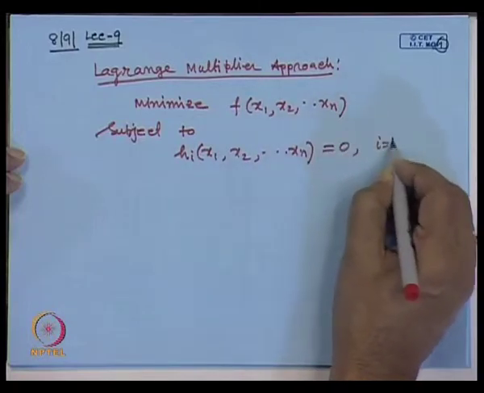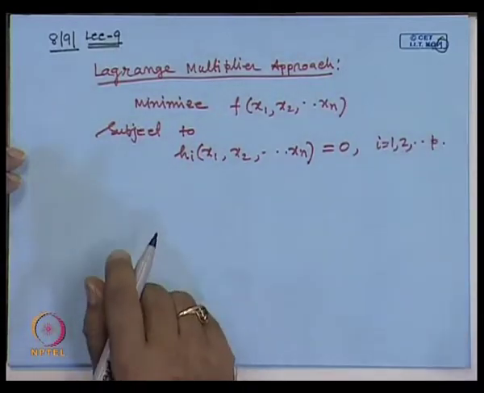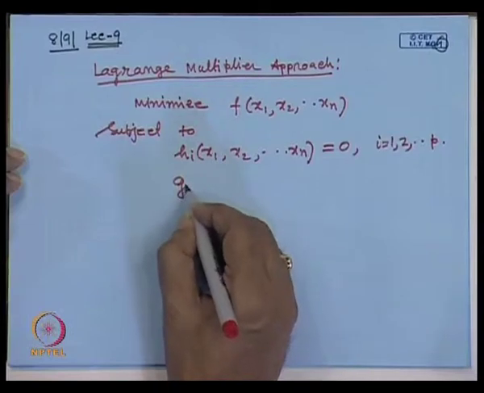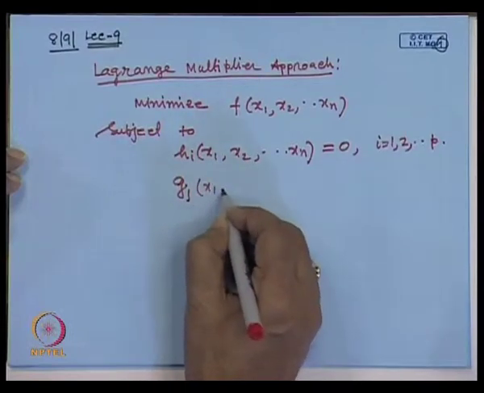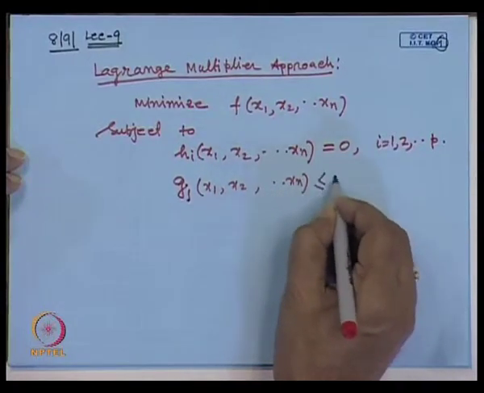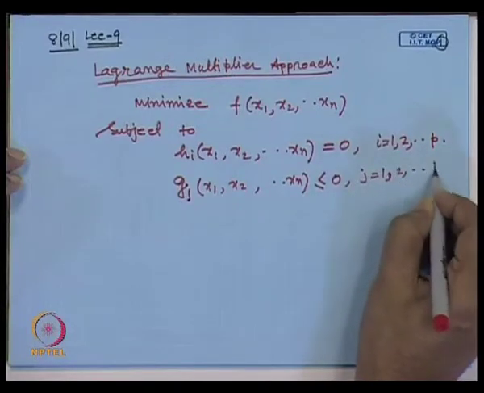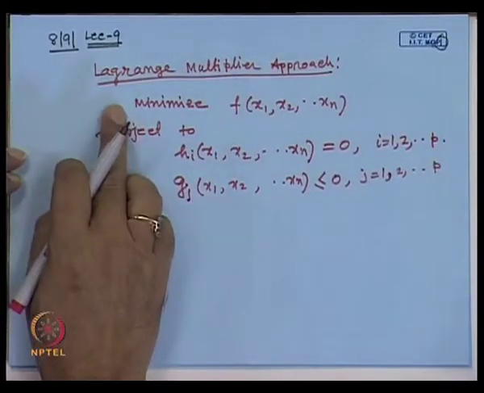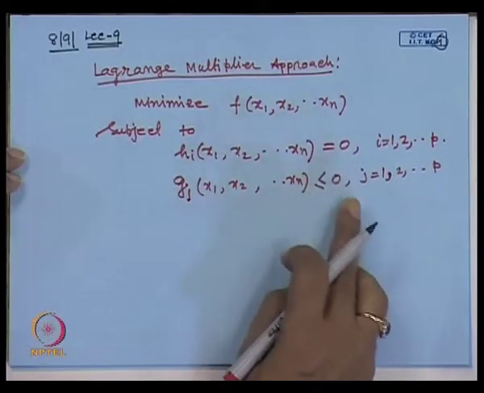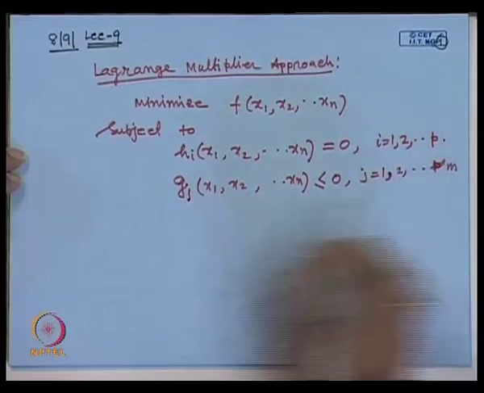How many equality constraints are there? There are p equality constraints, and inequality constraints g j, which is a function of x 1, x 2, up to x n, less than or equal to 0 for j equal to 1, 2, up to m. So, our problem is to minimize this function subject to this type of equality and inequality constraints. This is m, not p.